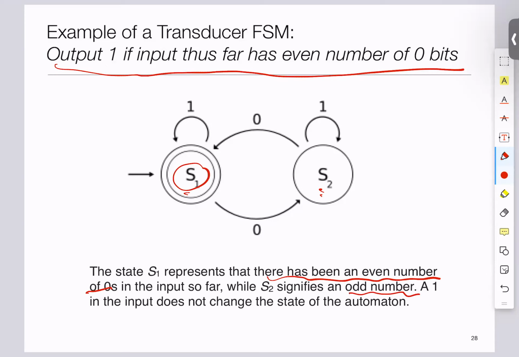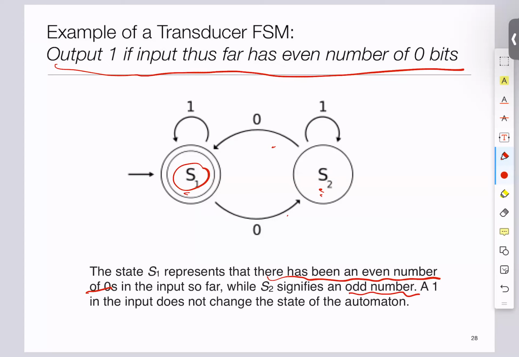That's all I need to remember. So in this case, to solve this problem, I just need 1 bit of state. Instead of counting how many zeros I have received, all I need to keep track of is whether the number of zeros is even or odd. And then every time I get a 0, I move between these states. And as long as I keep getting ones, I stay in the respective states, right?